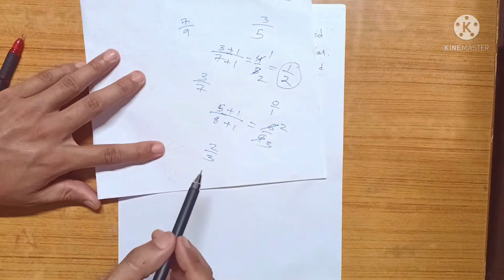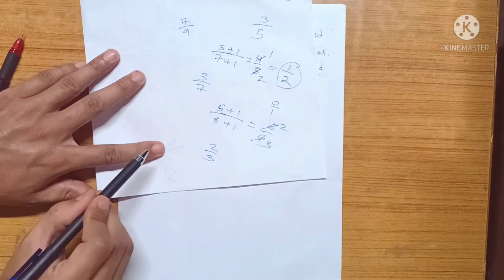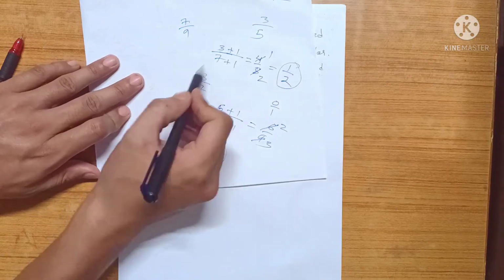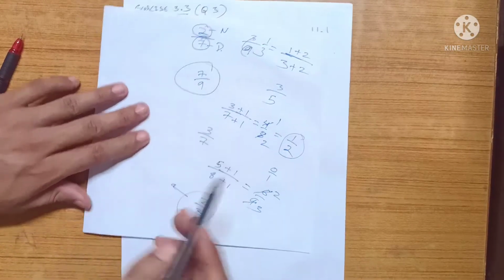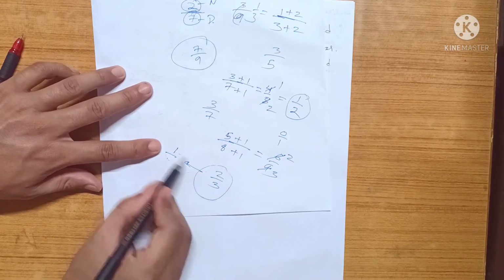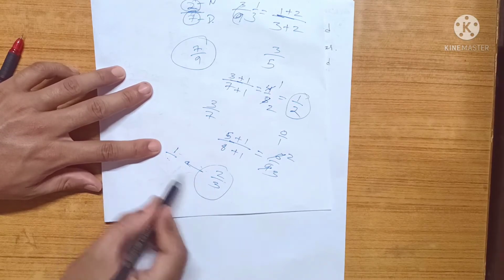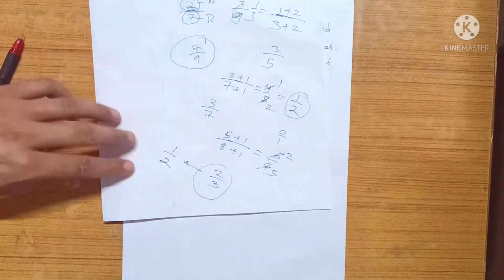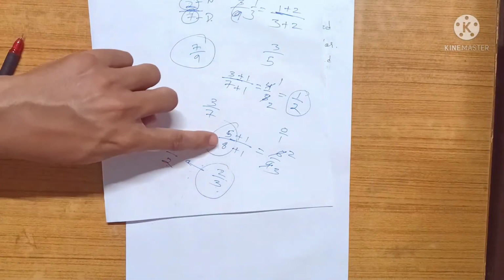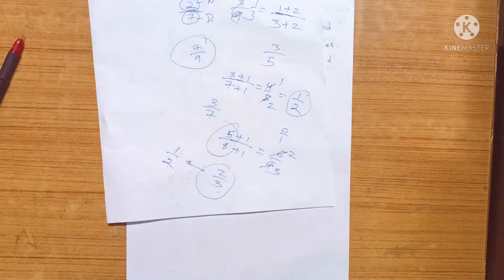If after adding 1 and 1 it becomes 2 by 3, by the previous logic the fraction should be 1 by 2, but it's not. The original fraction was 5 by 8, right?